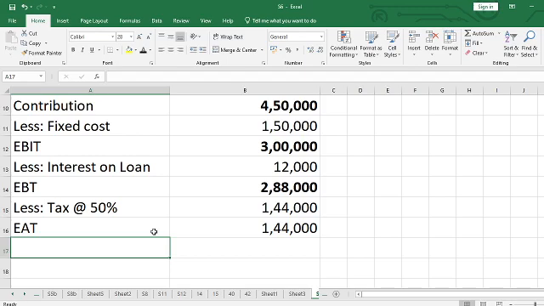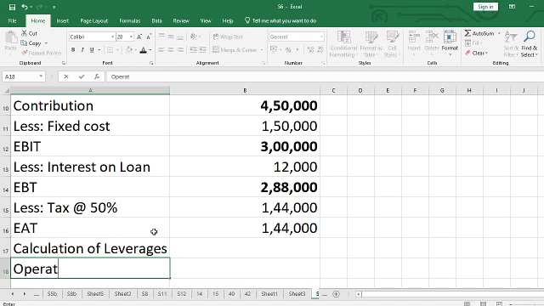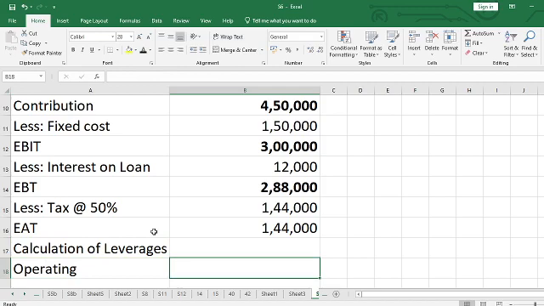Now next we will write the calculation of leverages. First one is operating leverage. The operating leverage formula, you know that, is contribution upon EBIT.